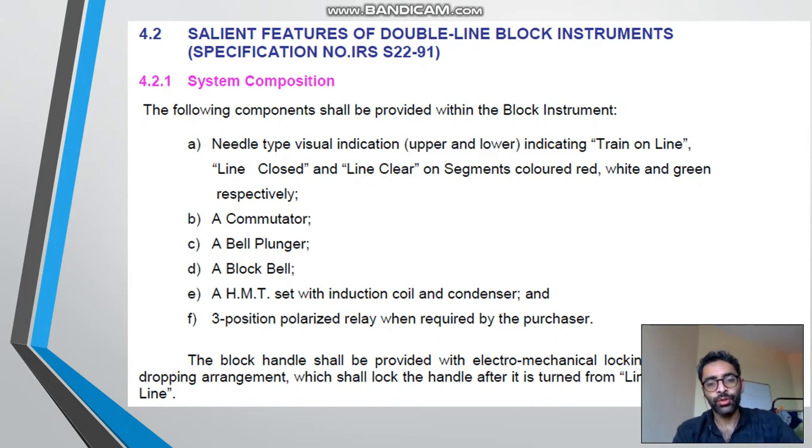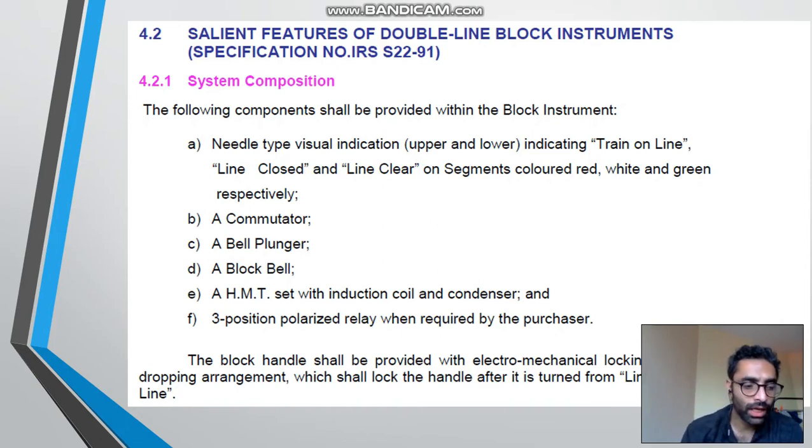Right? So if we have a look at the first component, it talks about needle type visual indication, which indicates whether the train is on line, or whether it's line closed or line clear. And what are the respective colors of these three positions? Train on line would be indicated with a red color, line closed with a white color, and line clear with a green color.